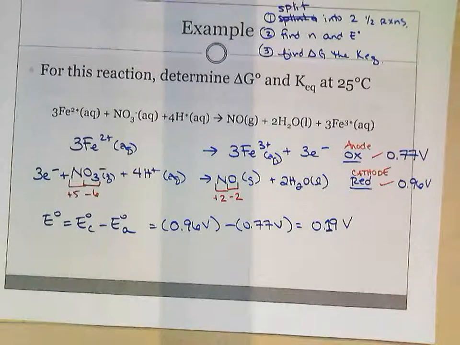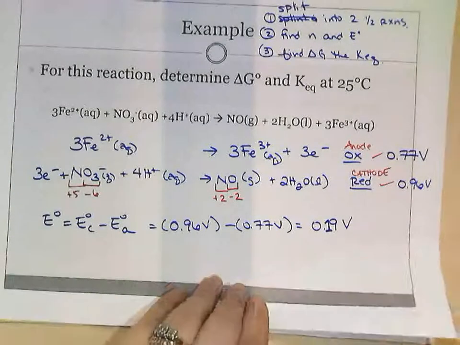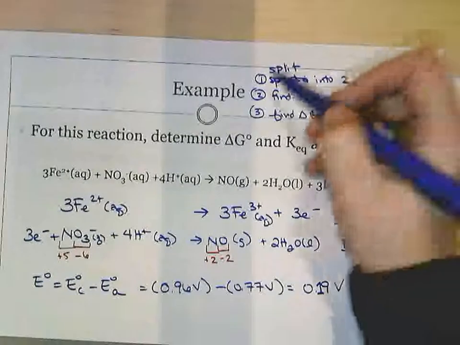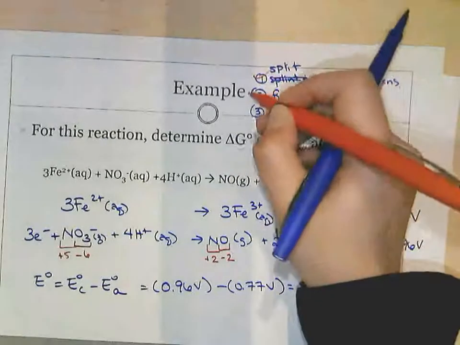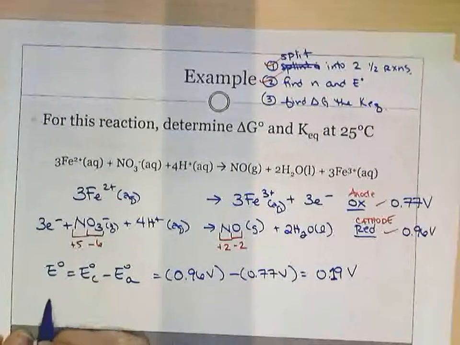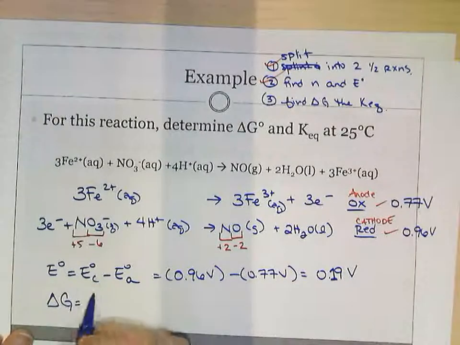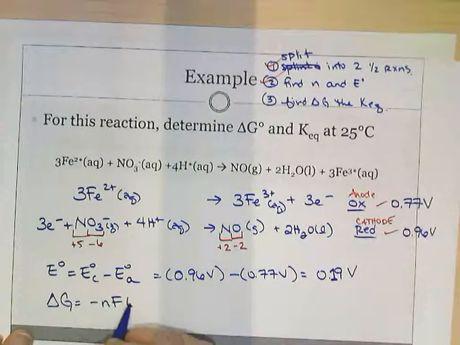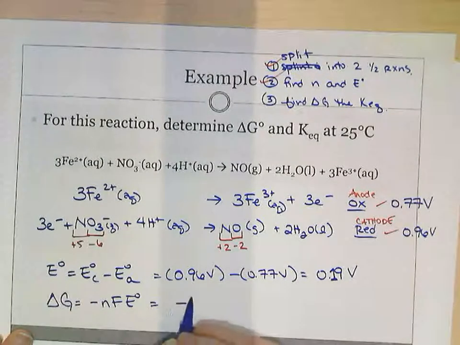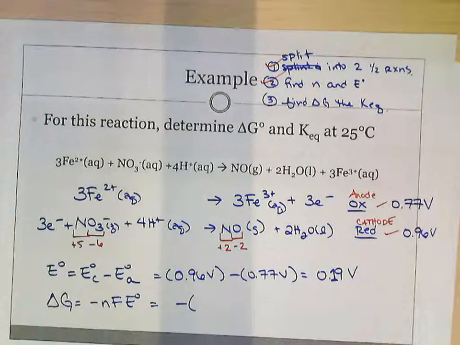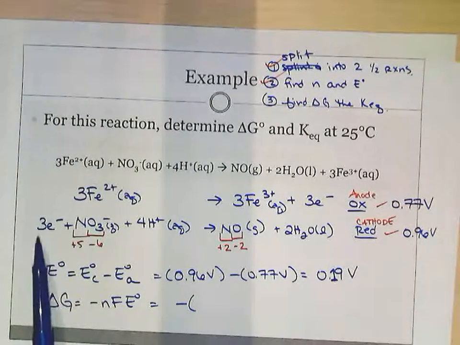Now we're ready for, so we've done this, we've done this, and we've done that. So what is my value for N? 3. 3 electrons are on this side and that side. So they don't add and they don't multiply. It's just 3 total was needed to balance it.